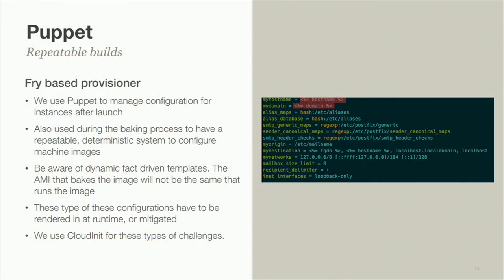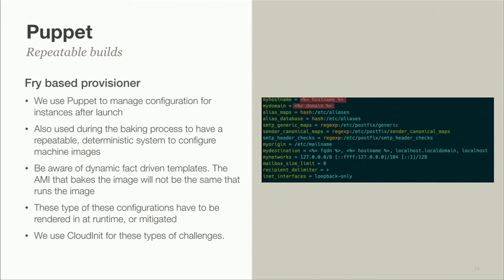One thing about configuration management systems, and I want to call this out here, Puppet is just one example, is that if you're using this to converge and create your images, some of the dynamic fact-based stuff actually becomes an anti-pattern that you have to be aware of. An example is that if you want to bake the whole thing and you're not going to run Puppet at boot to do a Delta, you're going to have it all immutable as much as possible. Then if your Puppet convergence has a fact like hostname or domain, you're going to bake the config as the machine that actually baked it.